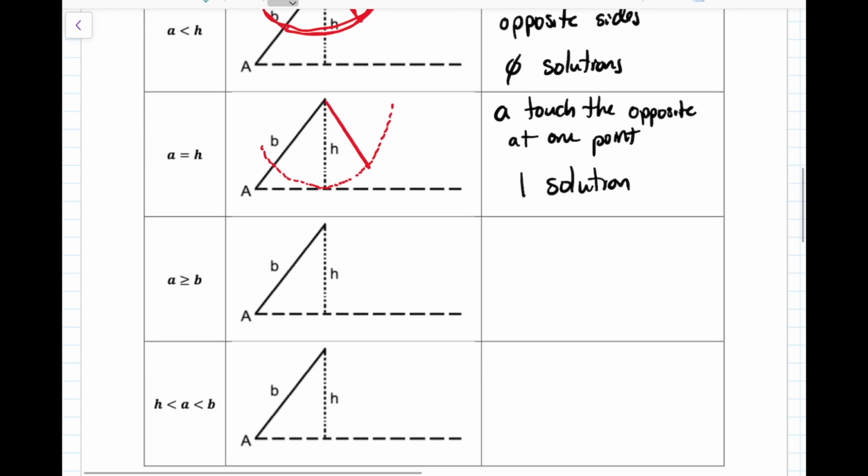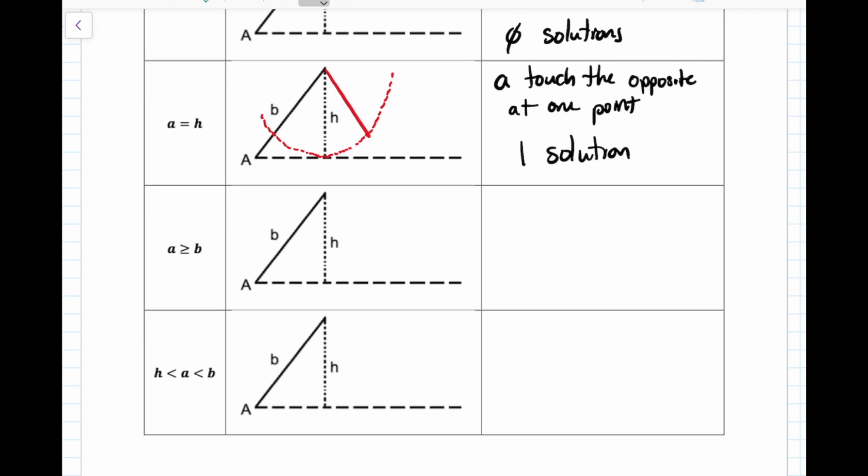So what if we make it bigger? If we make A really big, so if A is bigger than B, so let's say it reached all the way over here. So it does touch there, and it does make one triangle. But if you swung it around over here, since it's bigger than B, the only other place it's going to touch would be back over this way. And that doesn't actually count for us.